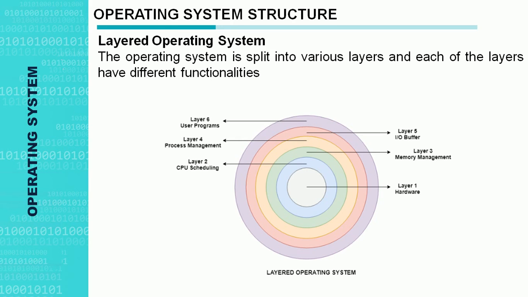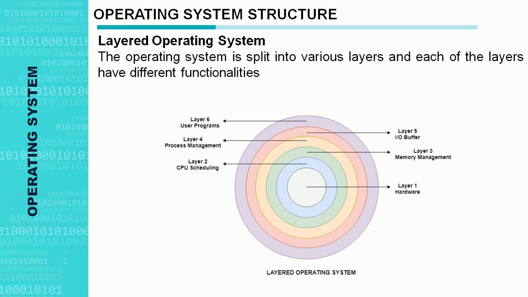Next, in the layered operating system, we separate the system into various layers. Each layer has different functionalities. The operating system is split into various layers, and each layer has different functionalities. This type of operating system was created to improve on the monolithic system.